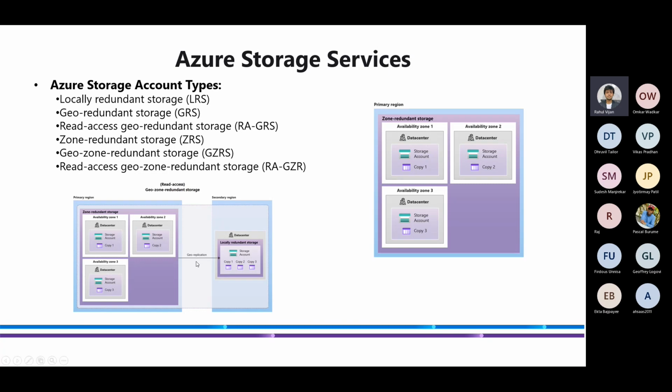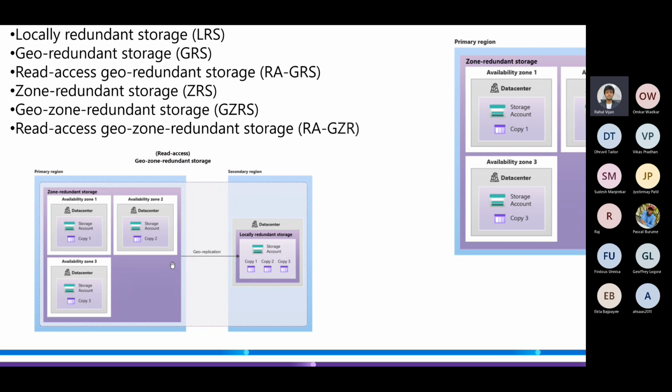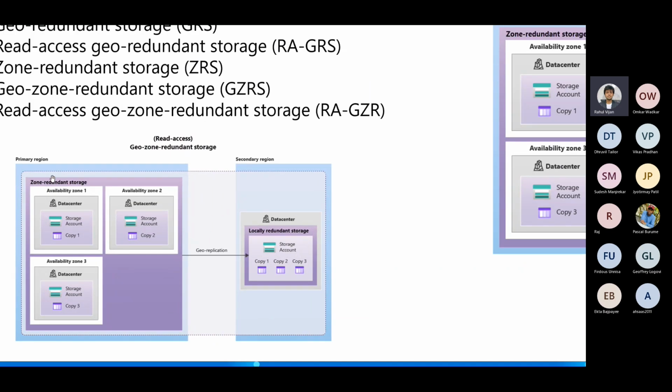You can see an example of it here. First there is the primary region, and there is a secondary region. Your primary region has, for example, three availability zones, and within each zone is your storage account with one copy of your data.